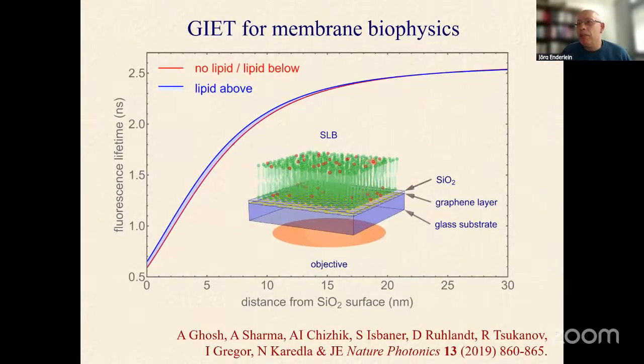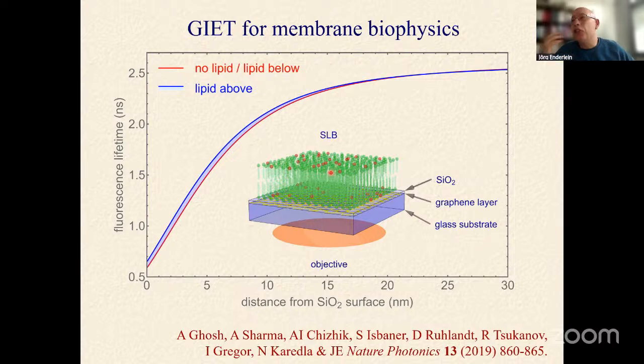When you label lipids in the membrane, the lateral diffusion is not so small, on the order of 1 micrometer squared per second. So with a confocal microscope, the residence time of a single molecule in your focus is limited to a few milliseconds, and this is probably too little to get enough signal for a resolution of a few angstrom. So this is the limitation.